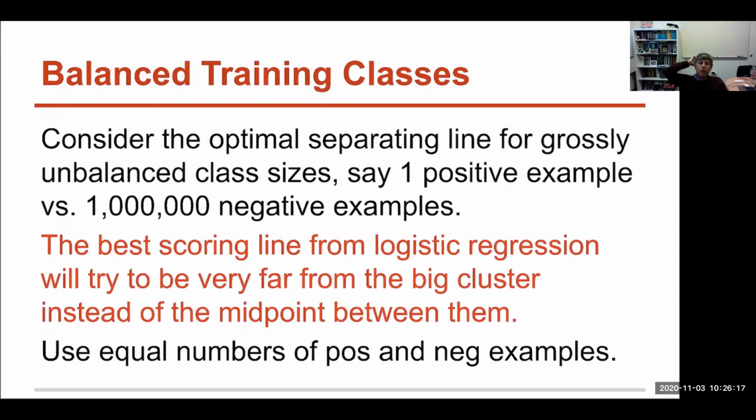So the first thing to see is that classification problems are much easier and much more sensible when you have roughly the same number of positive and negative examples. Okay? If you don't, imagine a world where, let's say, we had one positive example and a million negative examples over there.